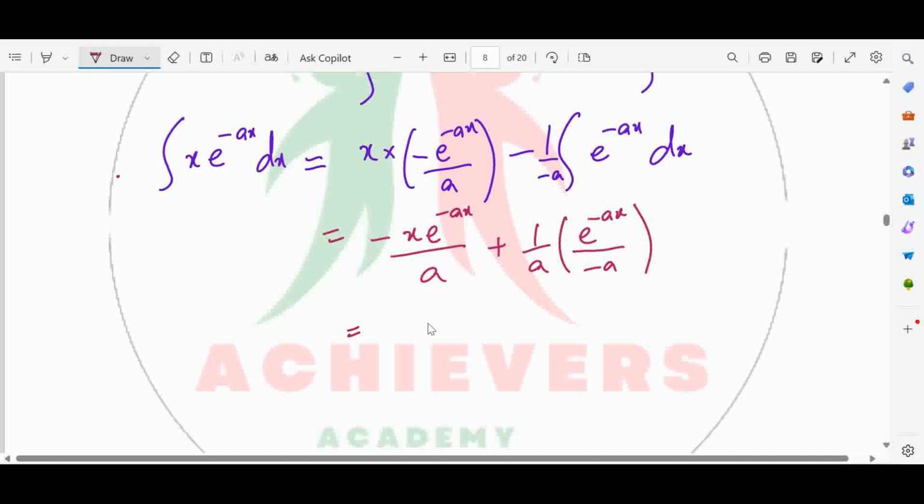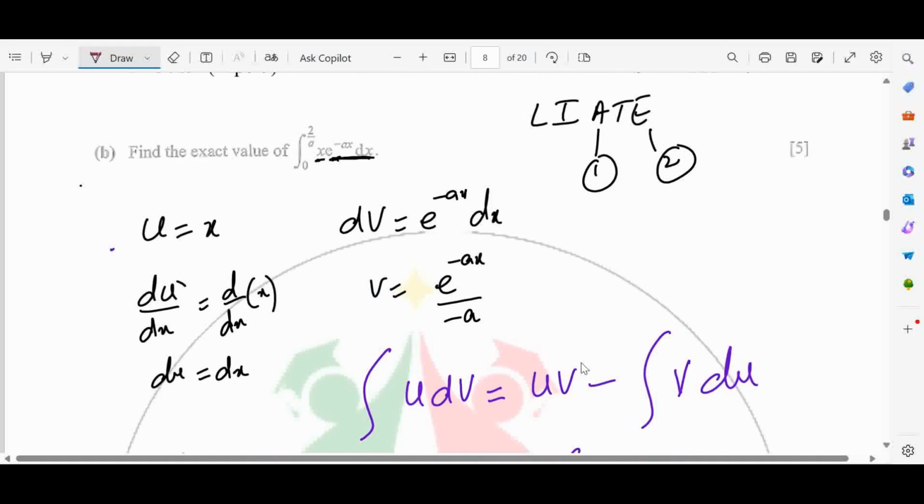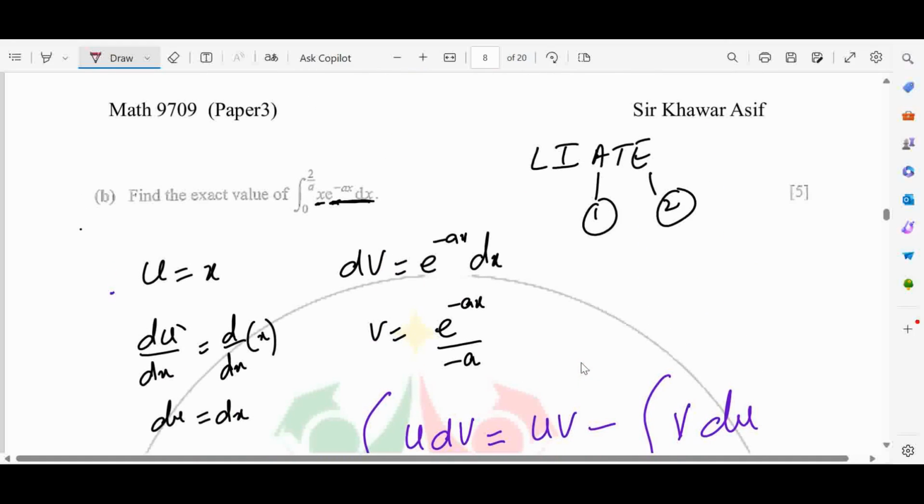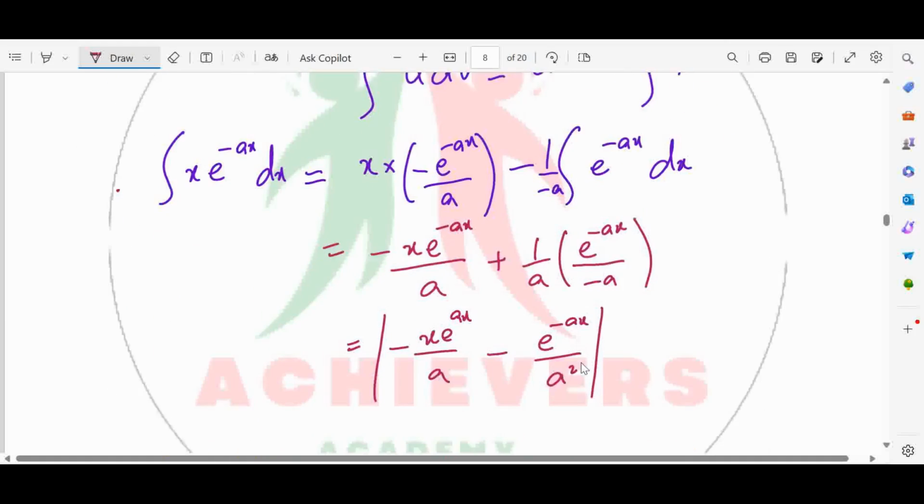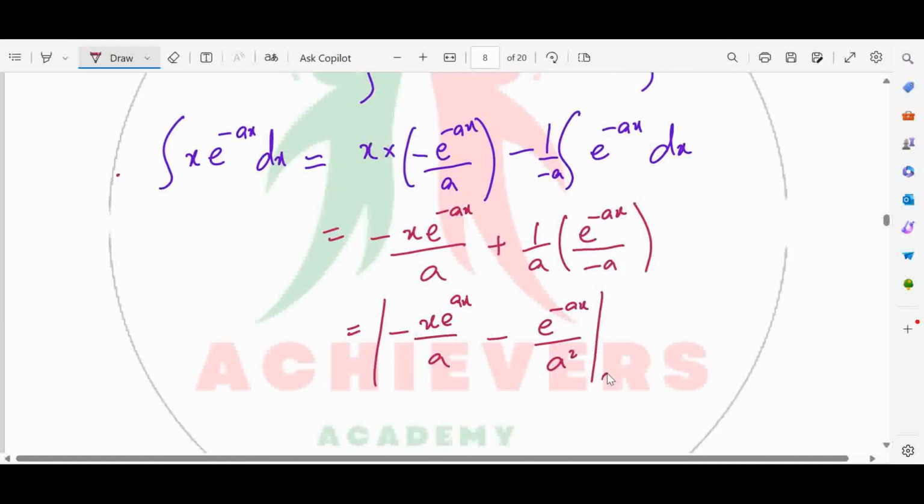So we can write it as minus x e power minus ax divided by a minus e power minus ax divided by a square. Now we have to put the limits, which are 0 to 2 by a.